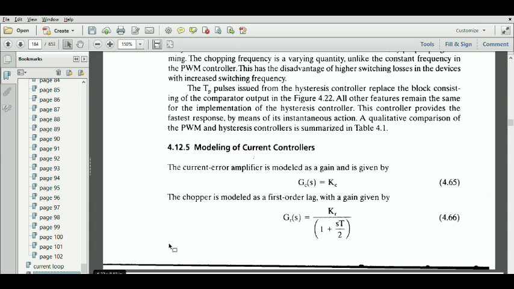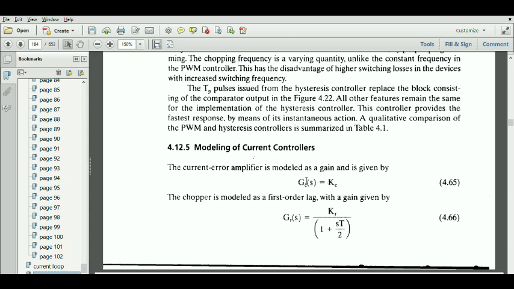Since it is an amplifier, it should only have gain. To amplify the signal, you have to increase the gain, and when you find the transfer function, it will be a constant. That is why GC of S is equal to KC. It is the current error amplifier transfer function, GC of S equal to KC.